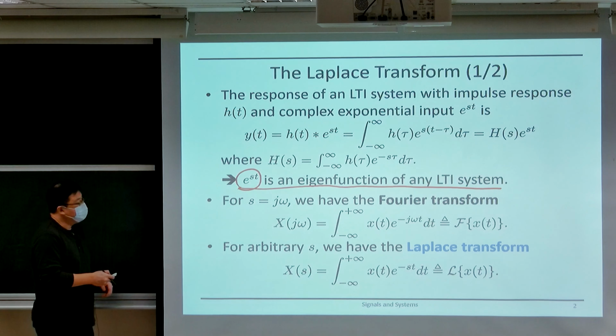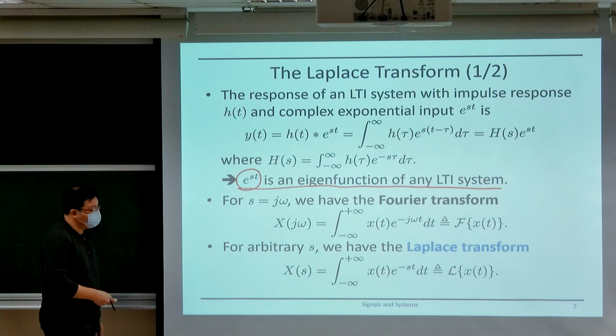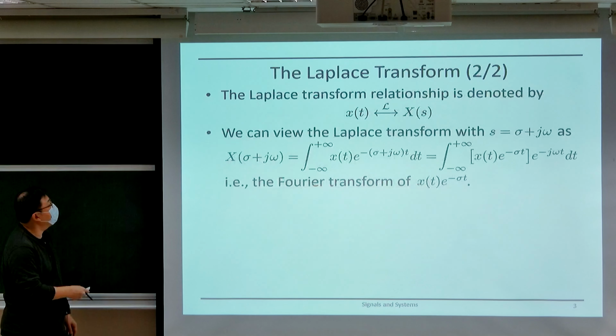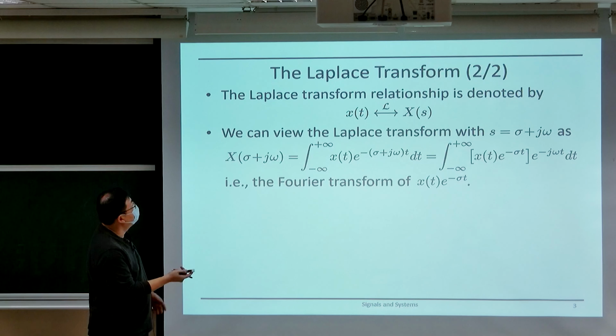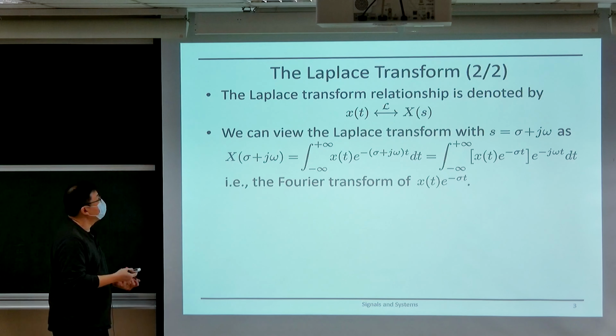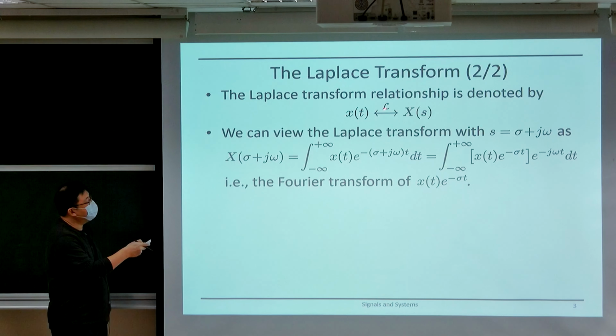Now, suppose this is the Laplace transform that we want to look at. To simplify our notation, we describe this relationship between x of t and capital X of s with this calligraphic L. If it's an F here, then we have the Fourier transform.